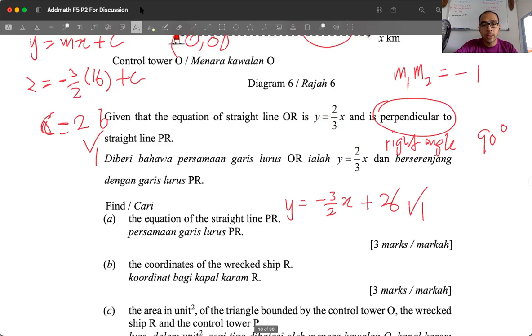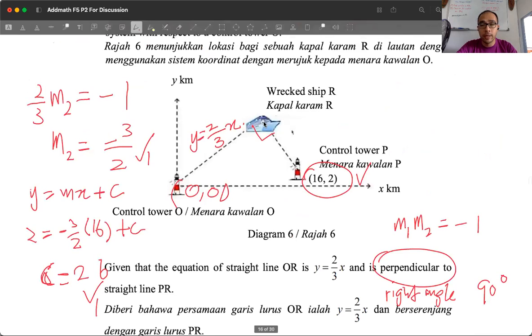So next one, the coordinates of the wreck ship R. So what is this coordinate? Now you know that this line is y equals negative 3 over 2x plus 26. Since you have two lines, what do we call this? We call this the point of intersection.